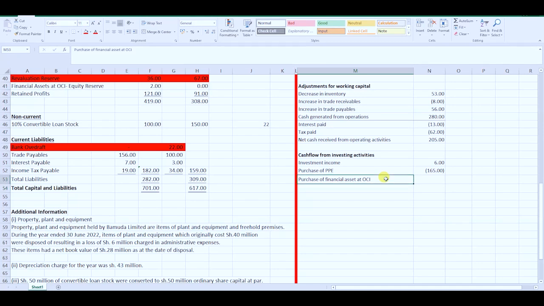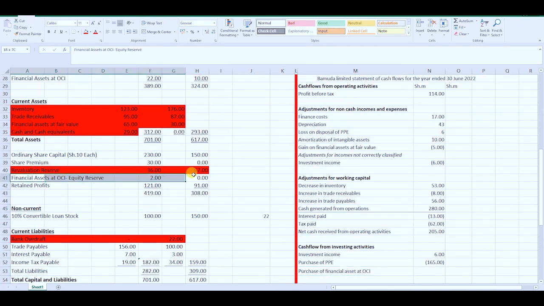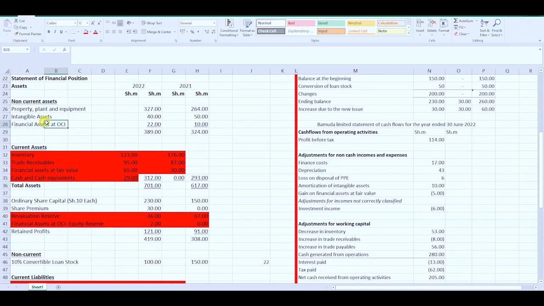What you need to take note of is that we can go to other comprehensive income, this part right over here, and also this part over here. So at the beginning of 2021, we had 10 as far as the financial asset was concerned. And at the end of the year, we had 22 as financial assets at other comprehensive income.